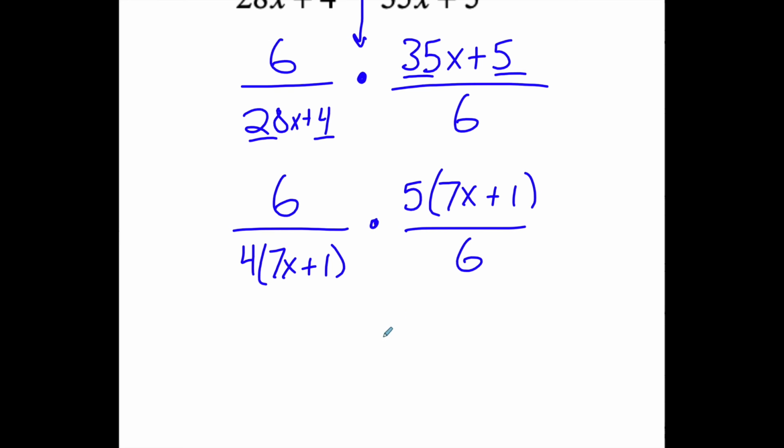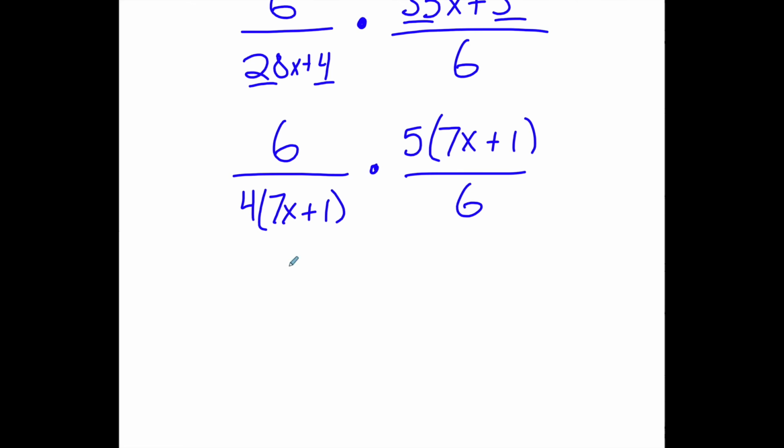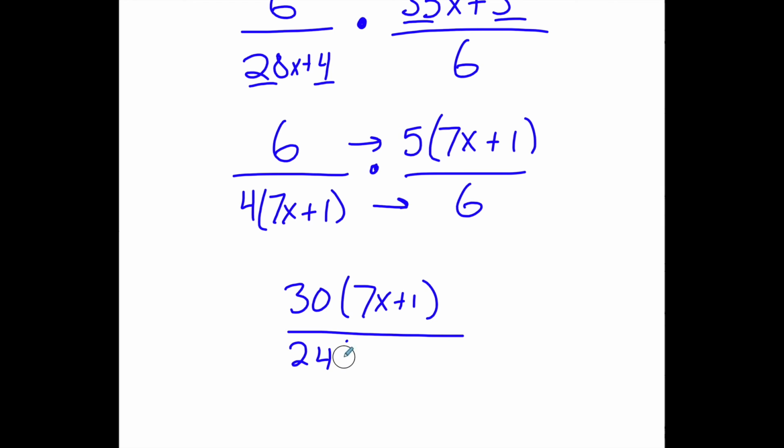So I'll multiply across the top, and what I've got is 30 times 7x plus 1. You go right across the top and the bottom. On the bottom, I've got 24 times 7x plus 1.